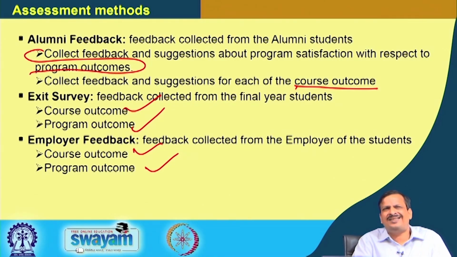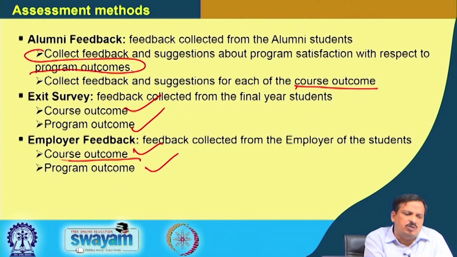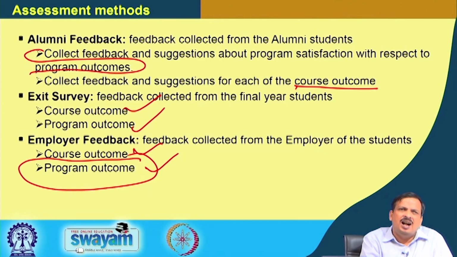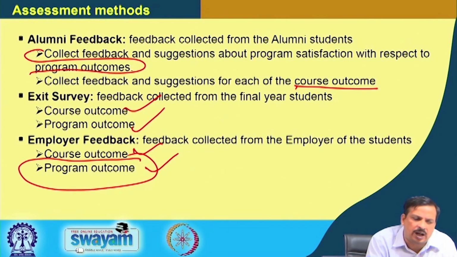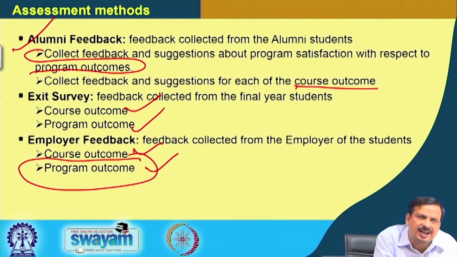Employer feedback collection course wise is very difficult, because they will not provide that much feedback on each and every course. So in case of employer feedback, you can try program wise outcomes, but I will insist you collect feedback course wise from alumni and exit survey.